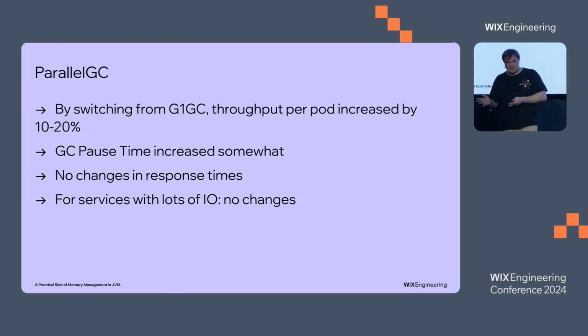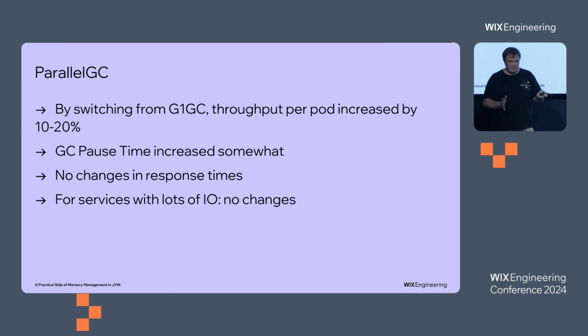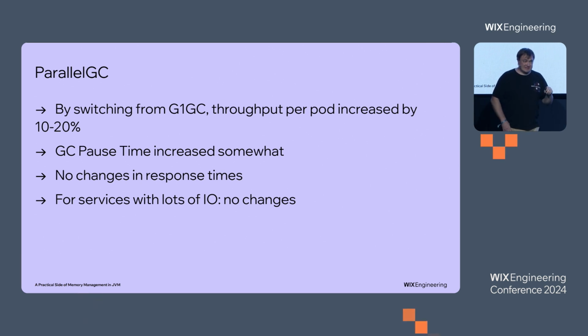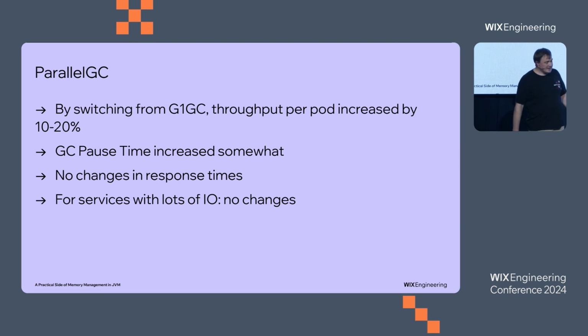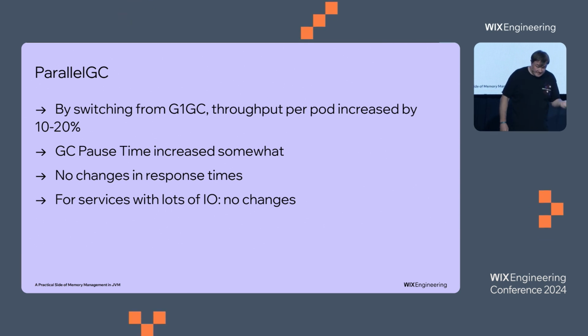For most of the services, highly loaded services, we had more or less the same kind of improvement, like 10 to 20% in throughput. But for the services that do mostly I/O, they proxy a lot of bytes, there were no changes at all. Like one GC, another GC, all the same.